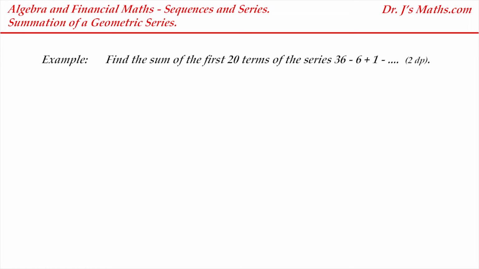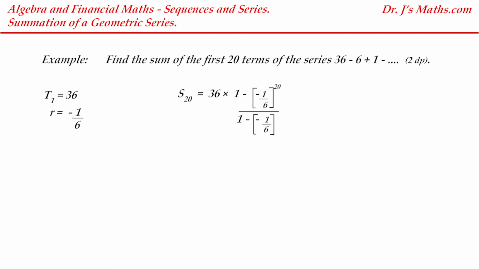A second example. Find the sum of the first 20 terms of the series 36 minus 6 plus 1, and so on and so forth, to 2 decimal places. Well, the first term, T1, is 36. The common ratio is minus 6 over 36, which is minus 1 over 6. So we substitute.